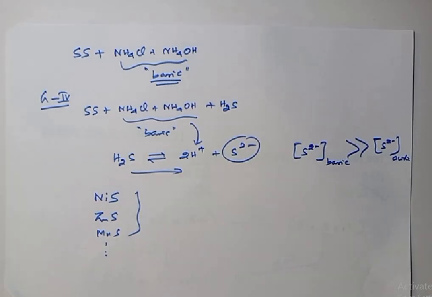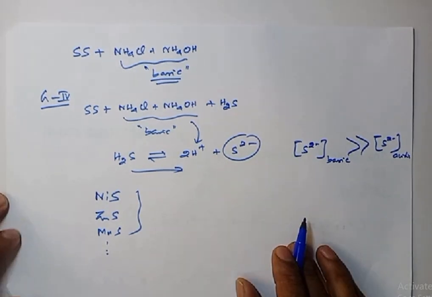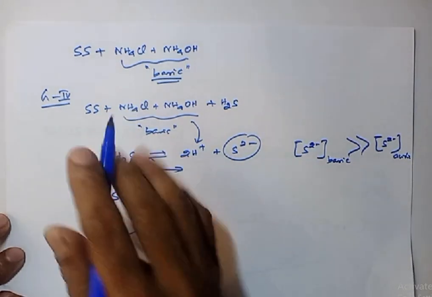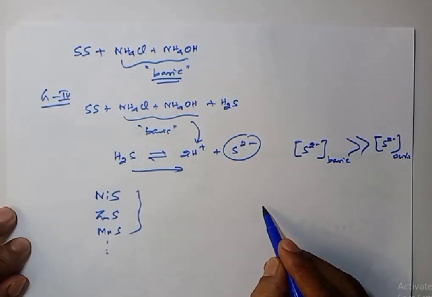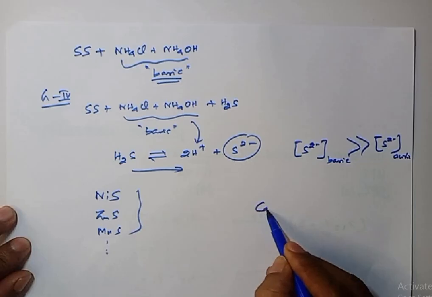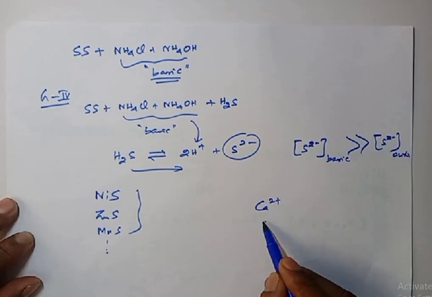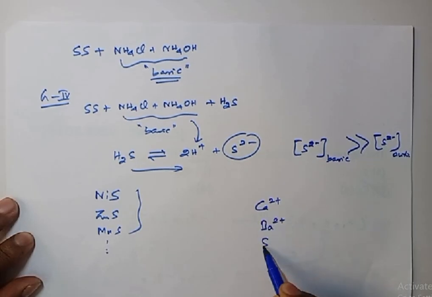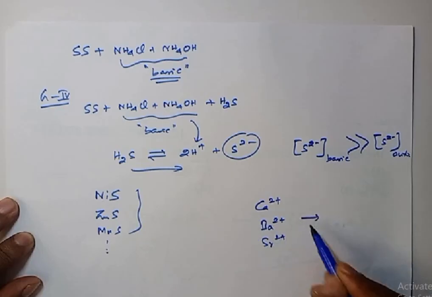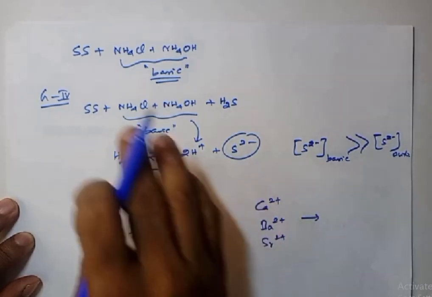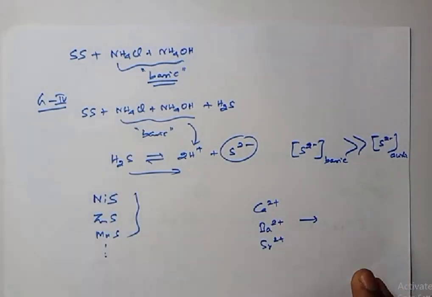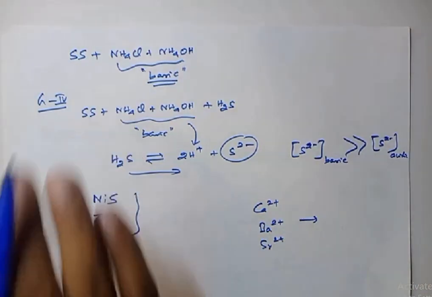Here you may ask the question, why not group 5 metal ions like calcium, strontium, barium? Why don't these metal ions get precipitated as their sulfides while doing group 4 analysis?